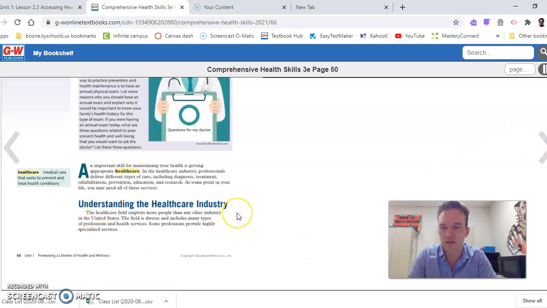Those are forms of healthcare. Understanding the healthcare industry. So this is something that I've been slapped in the face with the past few years. I am a 28-year-old person, and once you are 25, in most situations, you will be kicked off of your parents' or guardians' health care.